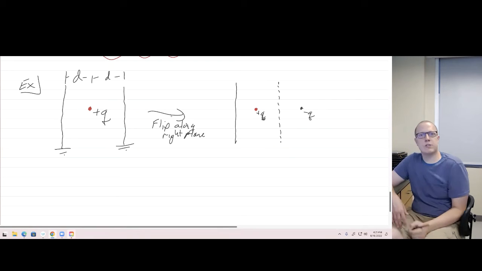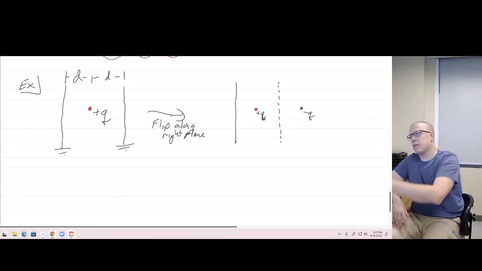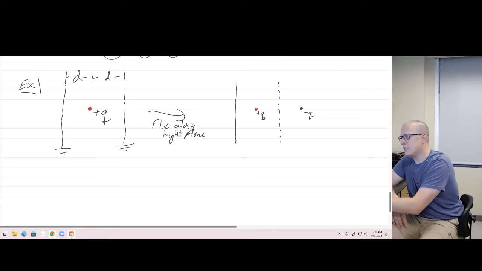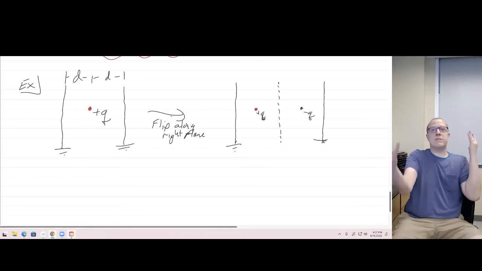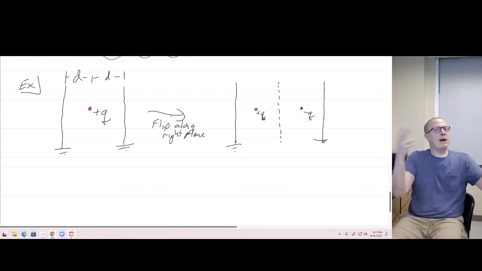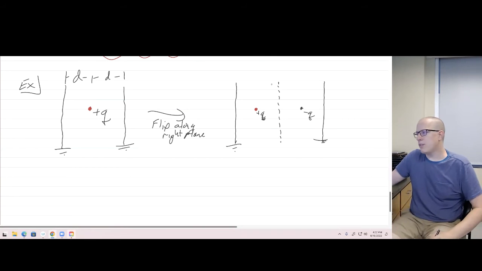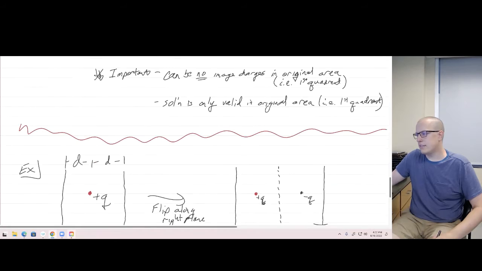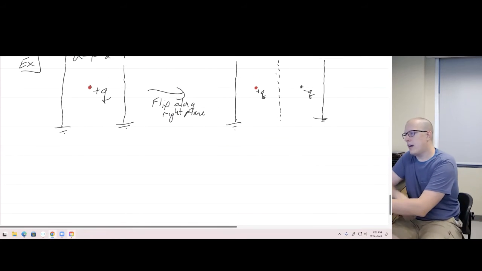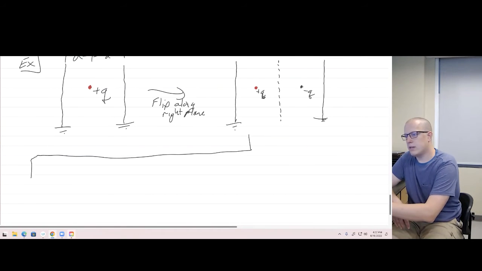But I also have to mirror the plane that was on the other side, so now I have a new grounded plane over here. And so there, I've done one flip. And so now I have to do more flipping. I have to keep doing this until I've dealt with all the planes, just like we did in this example up here.